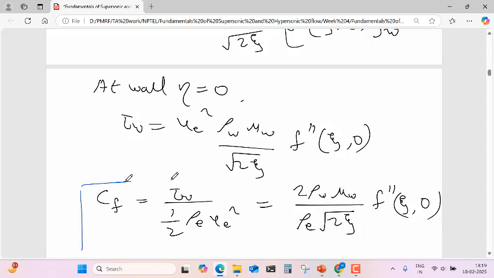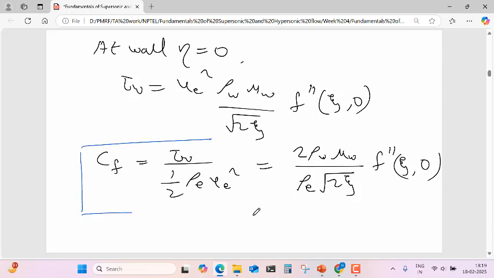From the definition of CF, the local friction coefficient, CF equals tau w upon half rho e ue square. If you divide by half rho e ue square, this 2 will go up, rho w mu w, ue square will cancel, upon rho e under 2 xi, f double dash (xi, 0).